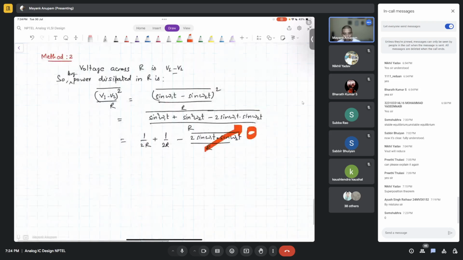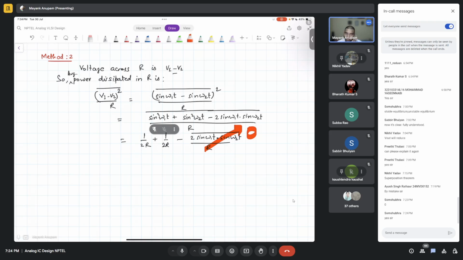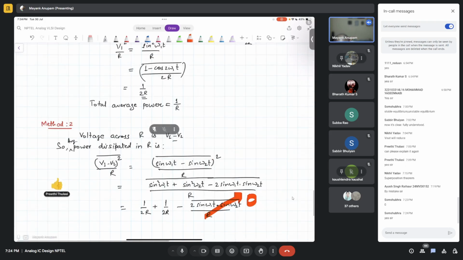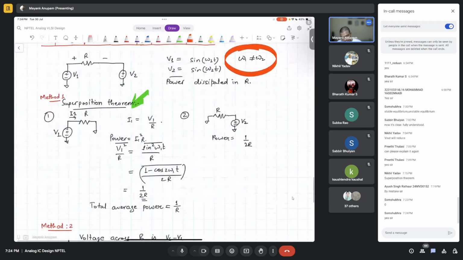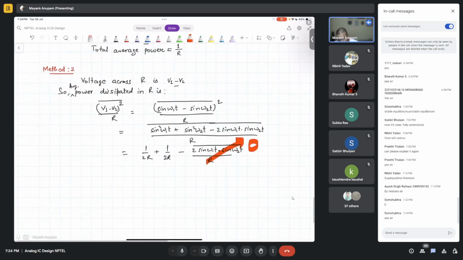Am I audible? Yes. So since omega 1 and omega 2 in this case are not equal, simply taking individual powers and then adding them gave you the correct result. So here also you get 1 over R only.